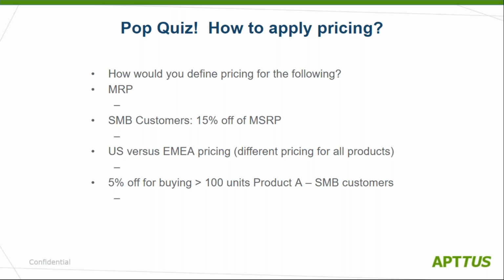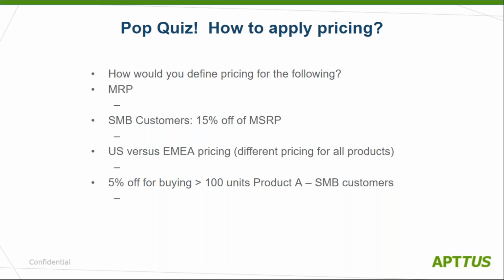US versus EMEA, I think we discussed it a lot of times. Whenever you have different regions, what do we do? We create different price lists for that. Yes, that is correct. So it will be a US price list and an EMEA price list.